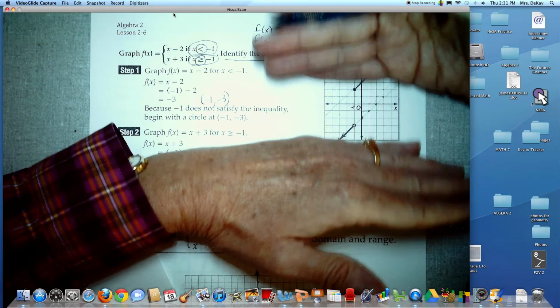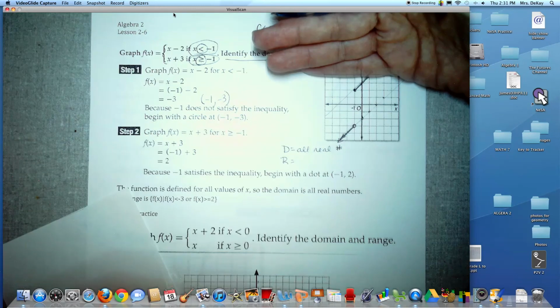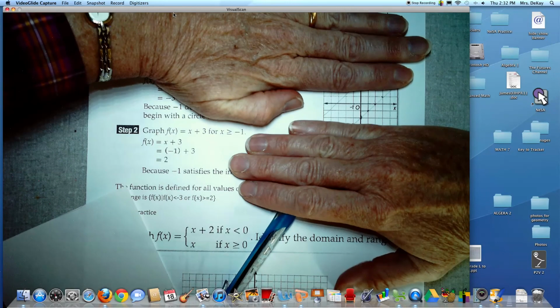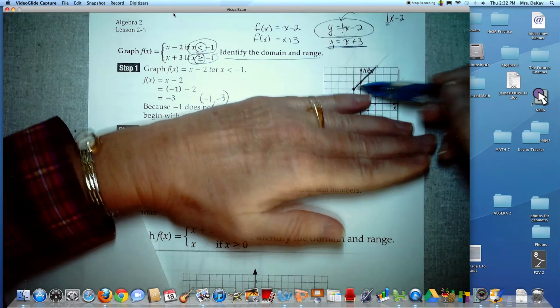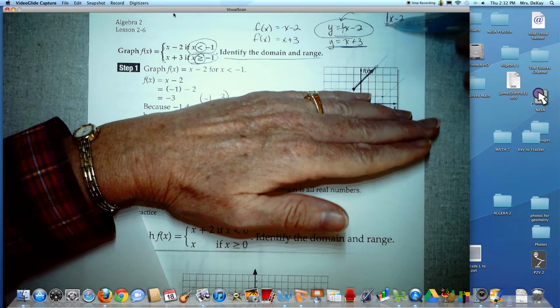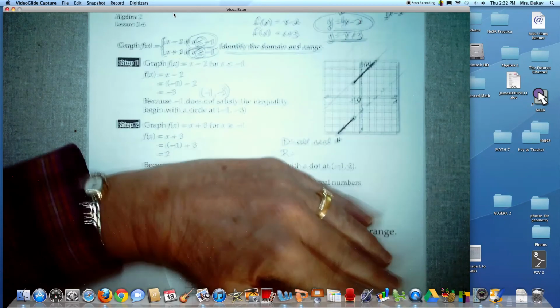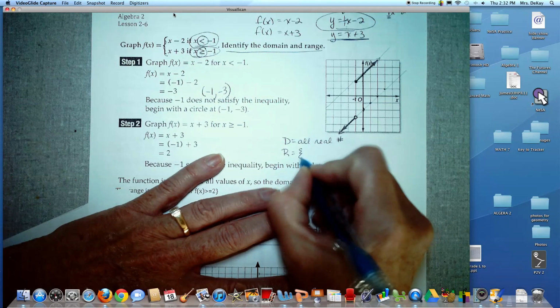So I do have to limit my range. It's not all real numbers. I do not have a graph between these 2 points, do I? So what I can do is say my range is higher than this, and my range is lower than this, and that'll satisfy everything else. So I would say this is how you would do it in correct notation.